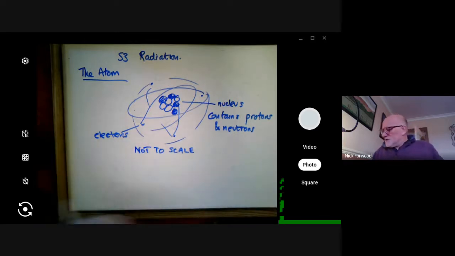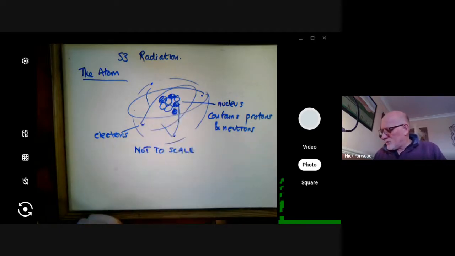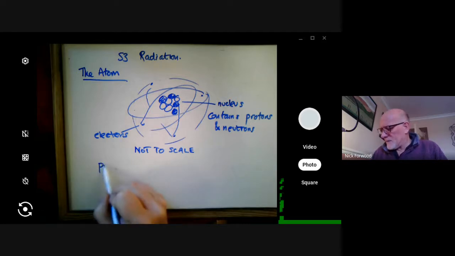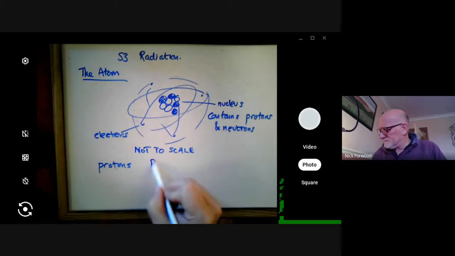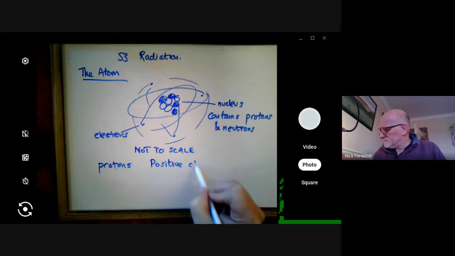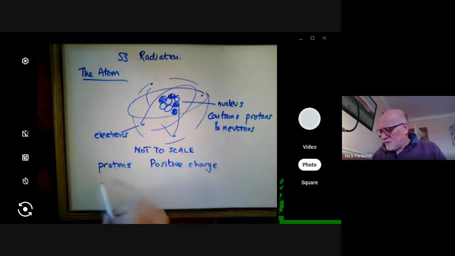Now, these particles that are orbiting and the particles in the middle, they have a property called charge. Now, what does property mean? It's a sort of description of what they are. And protons have what's called a positive charge, whatever that means. I'll come back to that in a minute.